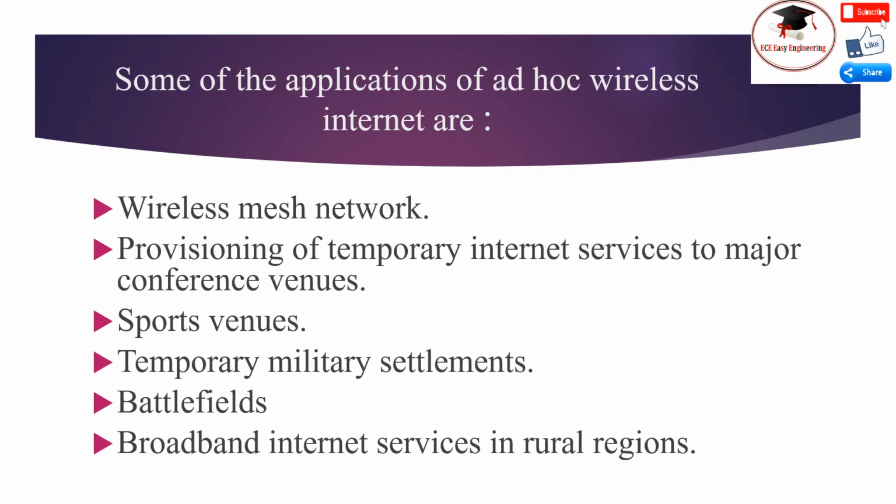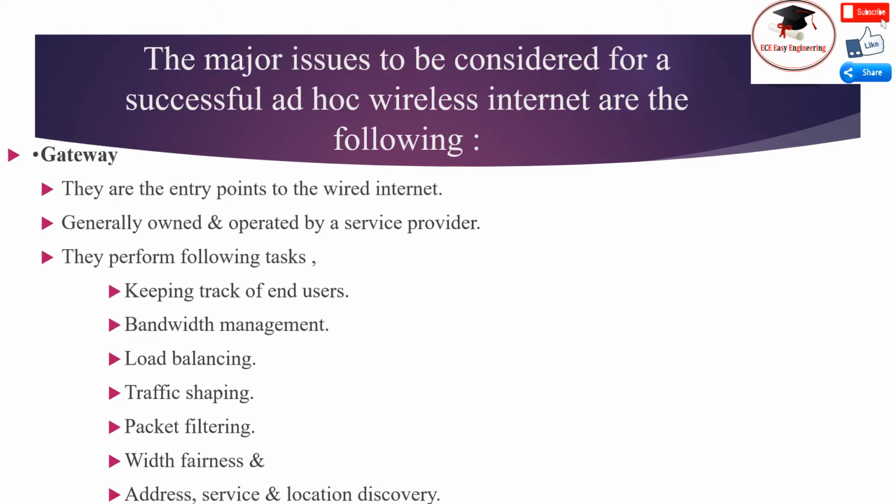Some of the applications of the ad hoc wireless internet are wireless mesh network, provisioning of temporary internet services to major conference venues, sports venues, temporary military settlements, battlefield, broadband internet service in rural regions. The major issues to be considered for a successful ad hoc wireless internet are the following.